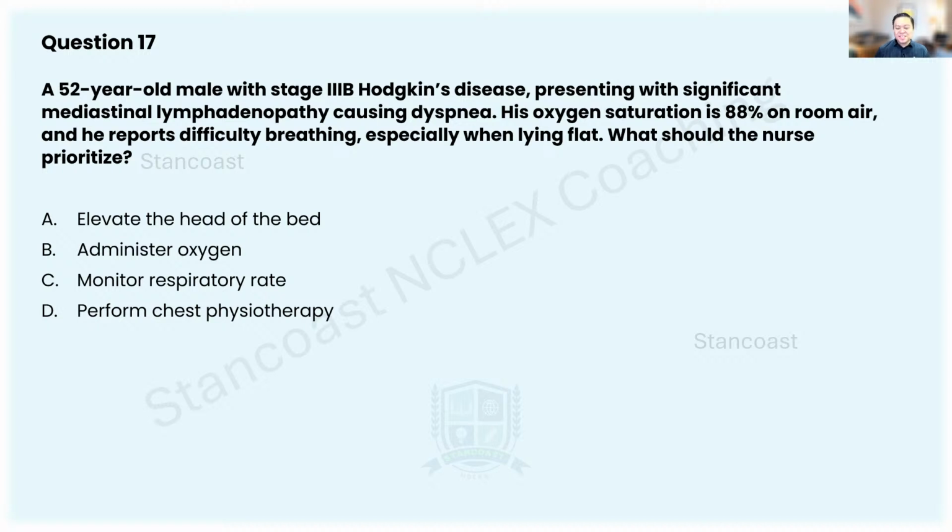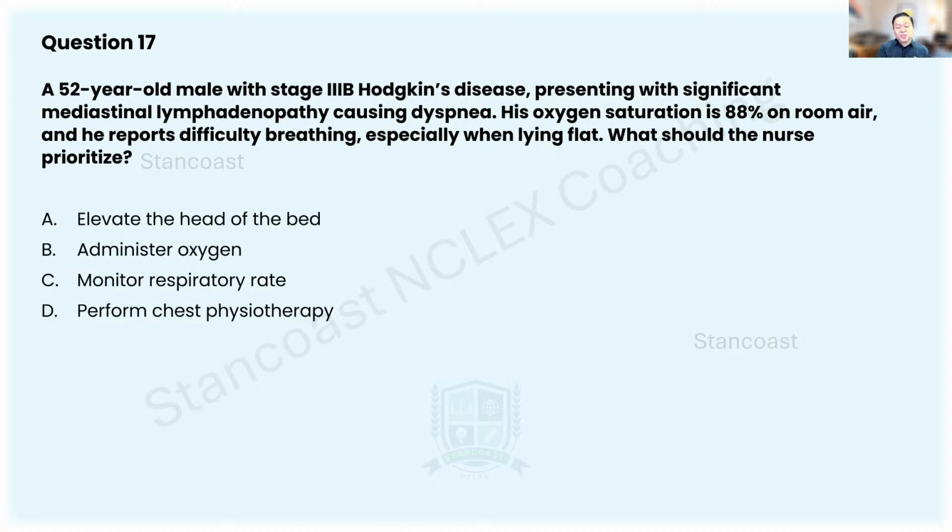Number 17. A 52-year-old male with stage 3B Hodgkin's disease presenting with significant mediastinal lymphadenopathy causing dyspnea. His oxygen saturation is 88% on room air, and he reports difficulty breathing, especially when lying flat. What should the nurse prioritize?